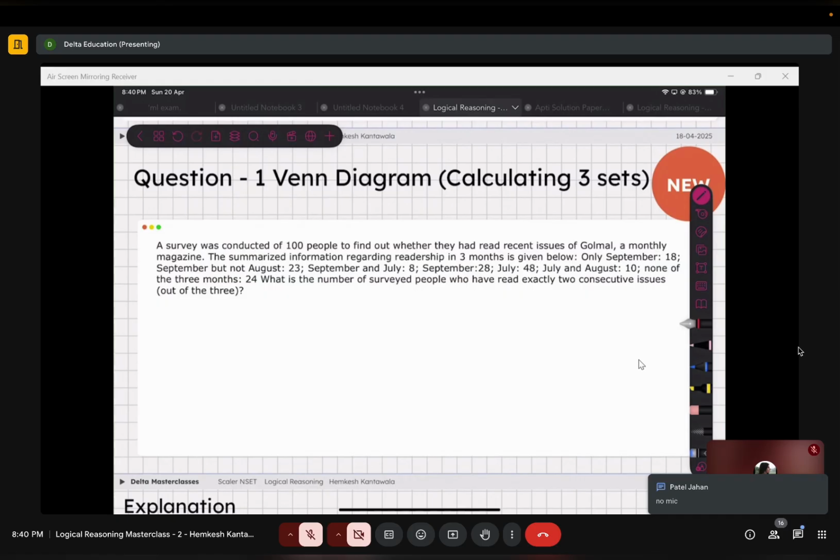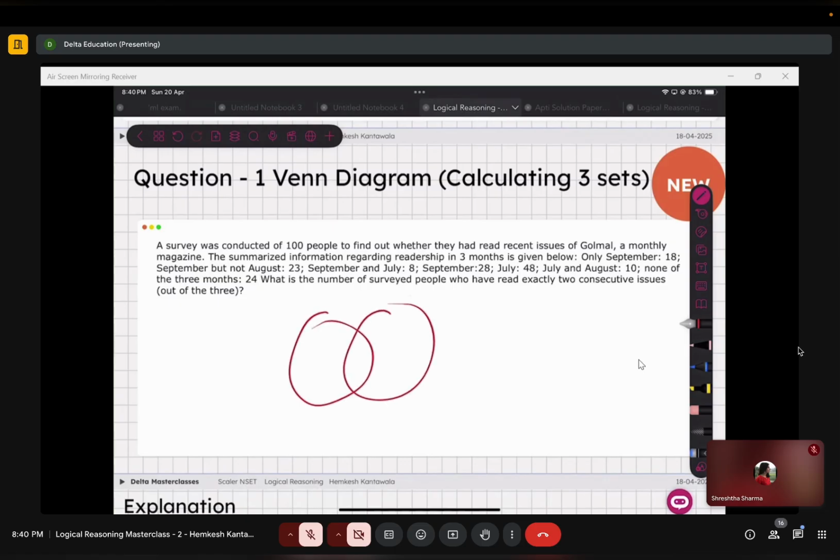Meet, could you? Am I audible? Yes, you are audible. So basically, I drew the diagram and gave A, B, C, D to each component. Okay. So, how many diagrams have you drawn? Like one diagram. Only July is A, only August is B, only September is C.